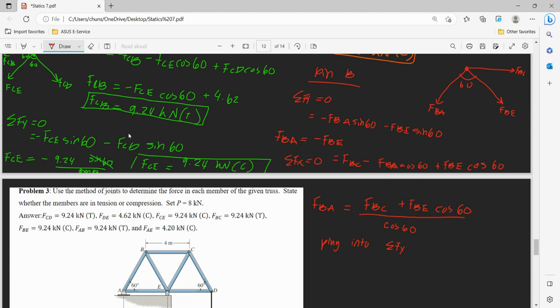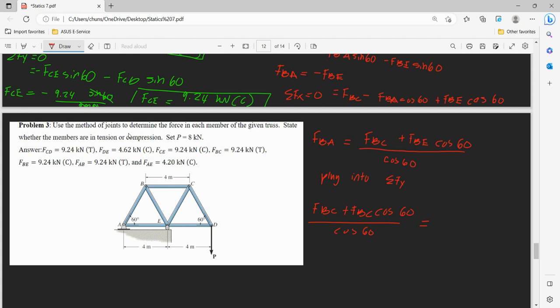Okay, and let's plug into the sum of Fy equation for this. So FBA is equal to, so let's put this on the other side, let's make them equal to each other. This is our FBA, and we're making it equal to negative FBE. So this is FBC over cos 60 plus FBE, and both of our cos 60s cancel out. So this is negative FBE. Let's move this over. So we have negative 2 FBE.